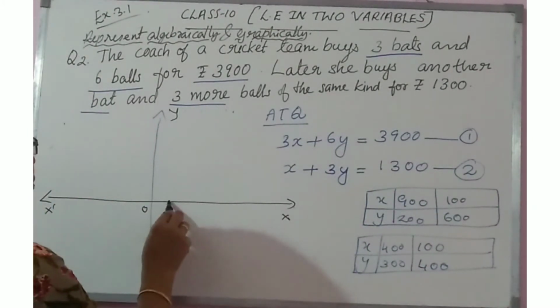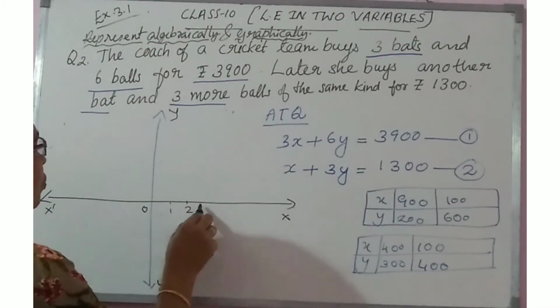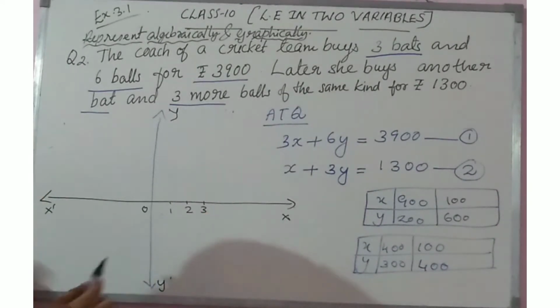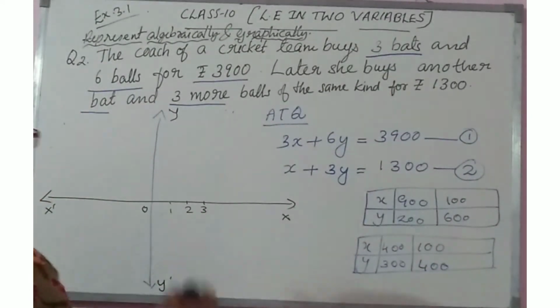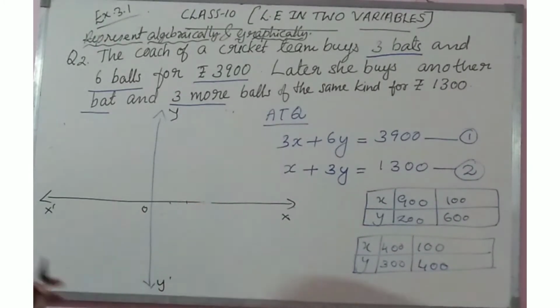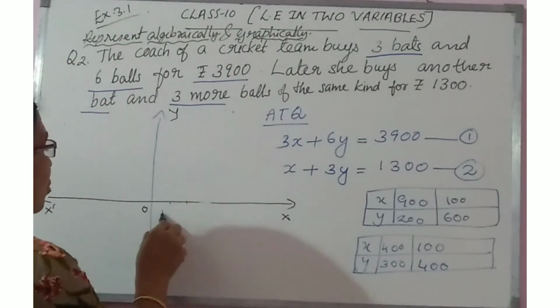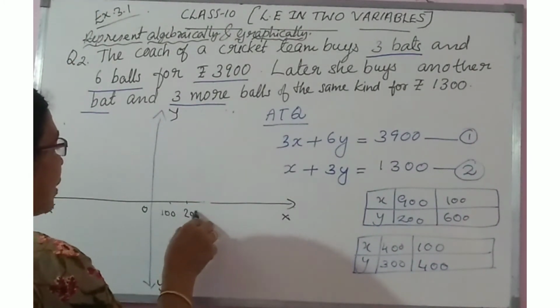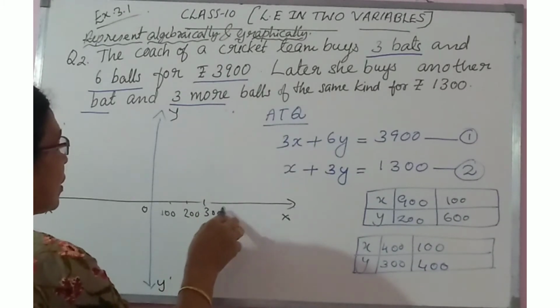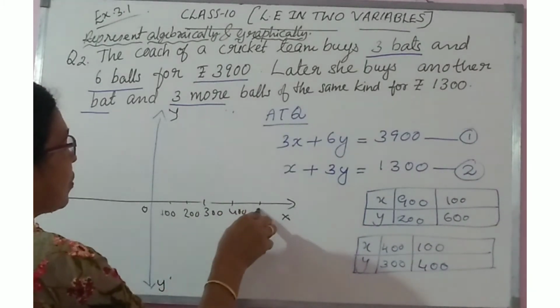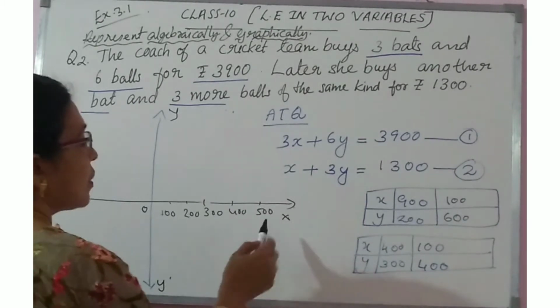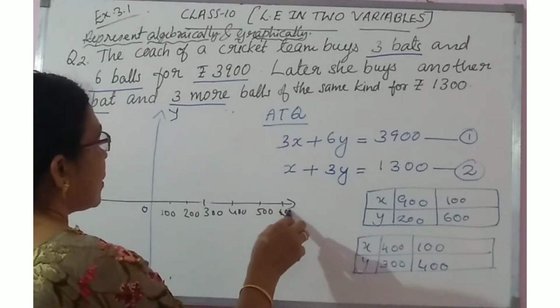Now on the right side you have to write positive numbers 1, 2, 3. Sorry, 1, 2, 3 I am not writing because it is hundreds multiple. So we can take 100, 200, 300, 400, 500, 600.